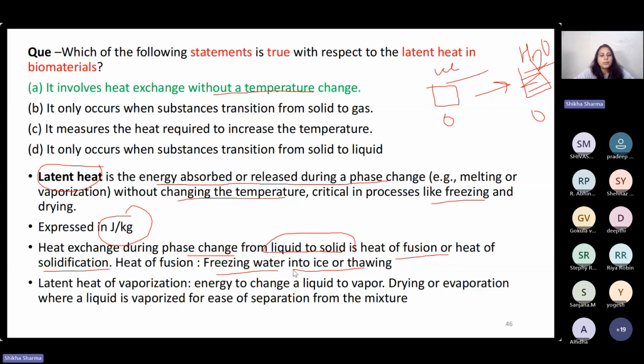Latent heat of vaporization is also latent heat. Here energy is changing from liquid to vapor, like in a drying or evaporation process. Water is converted into vapor, so that is also latent heat. The phase is changing, where a liquid is vaporized for ease of separation from the mixture.